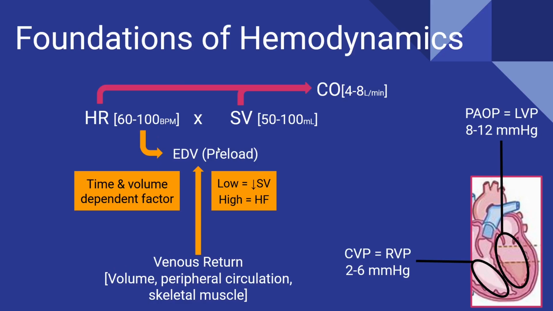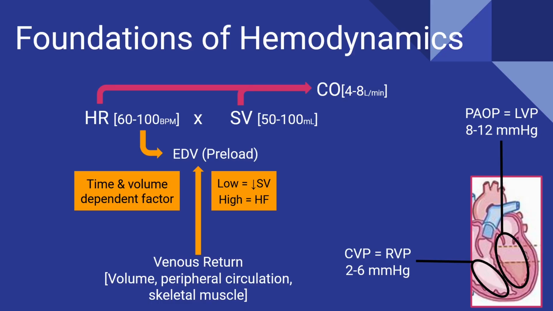That's how much volume is about to go into your left ventricle and be pumped to the body. Does that make sense? So all the blood that's coming back to the heart, and how fast that's happening, is how much blood is about to go into the left ventricle to be pumped out again.